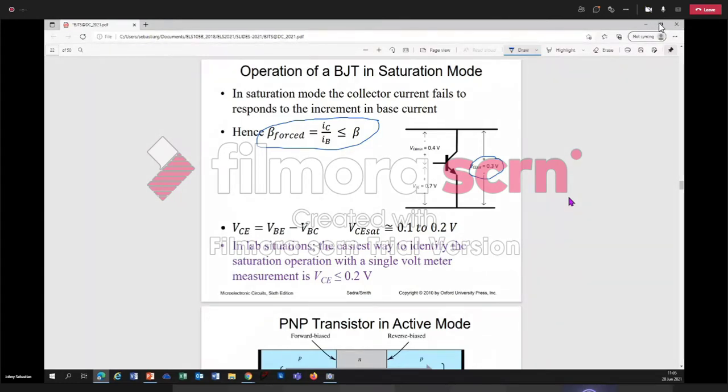But instead of remembering this BCB, it's a very difficult thing to remember. You can easily get confused because there is a reverse bias there. You can, by forcefully, believe that your collector needs to be negative with respect to base. That is not the case.